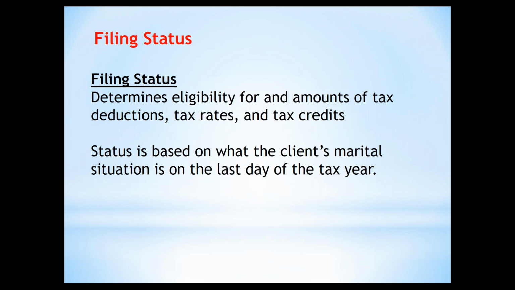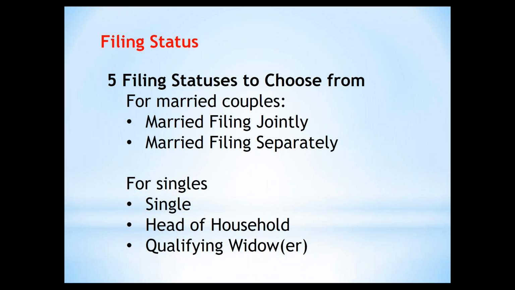So the status is based on the client's marital situation, and it can vary from year to year, but typically people know what they're coming in and filing. There are some tricky circumstances that can come up, and that's where your resource information can get very helpful. But just keep in mind that if you keep breaking everything down, the resource material will really help you walk through it.